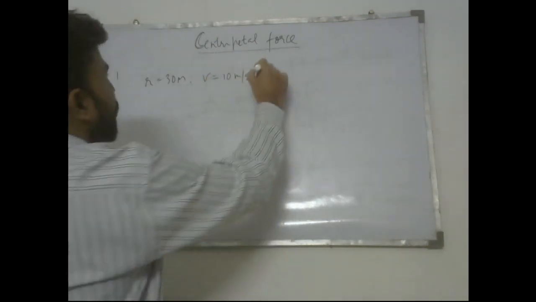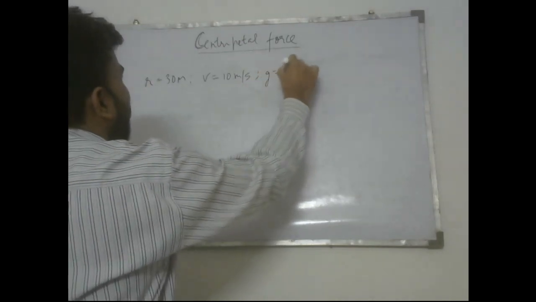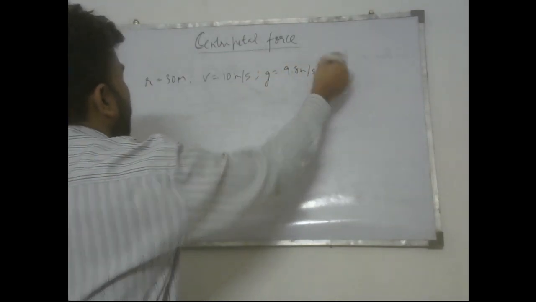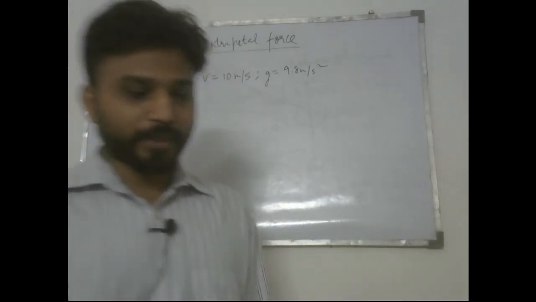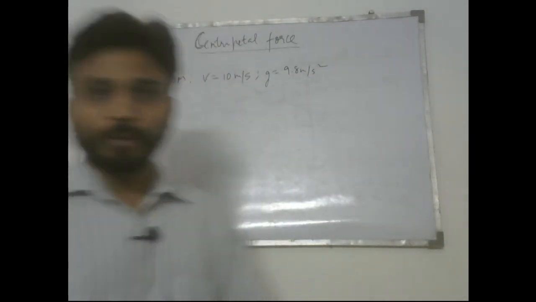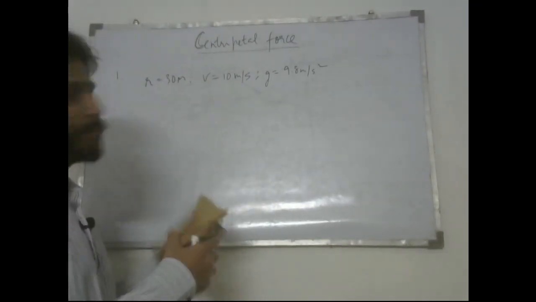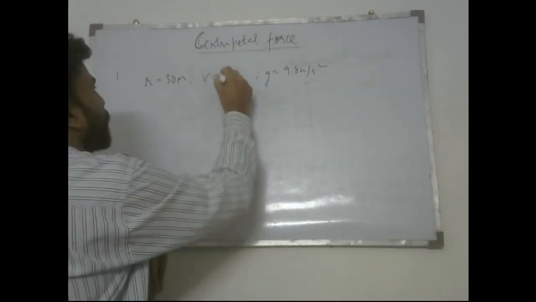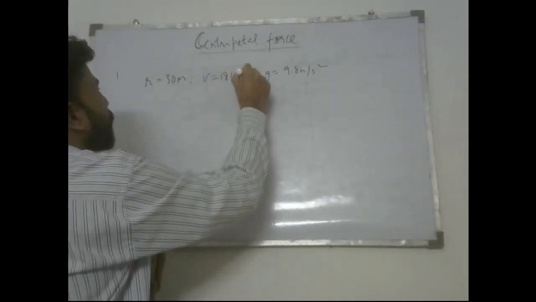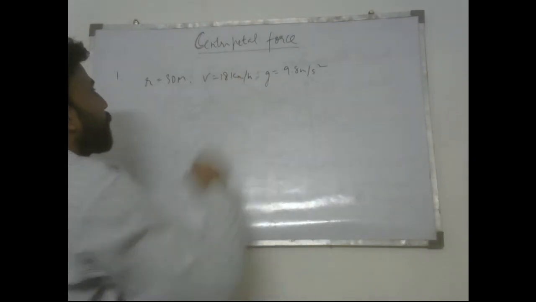And let us say the acceleration due to gravity is 9.8 meters per second squared. So these are all the data given to us. The car is moving with a speed of 18 kilometers per hour, so 18 kilometers per hour would be 10 meters per second only. Let us take the data.